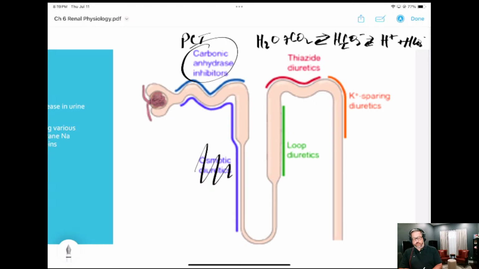These enzymes are here, so if you block them, you don't reabsorb bicarb and water and you just diurese out. But we don't go through that too much. We went through the loops, the thiazides, and the potassium sparing.